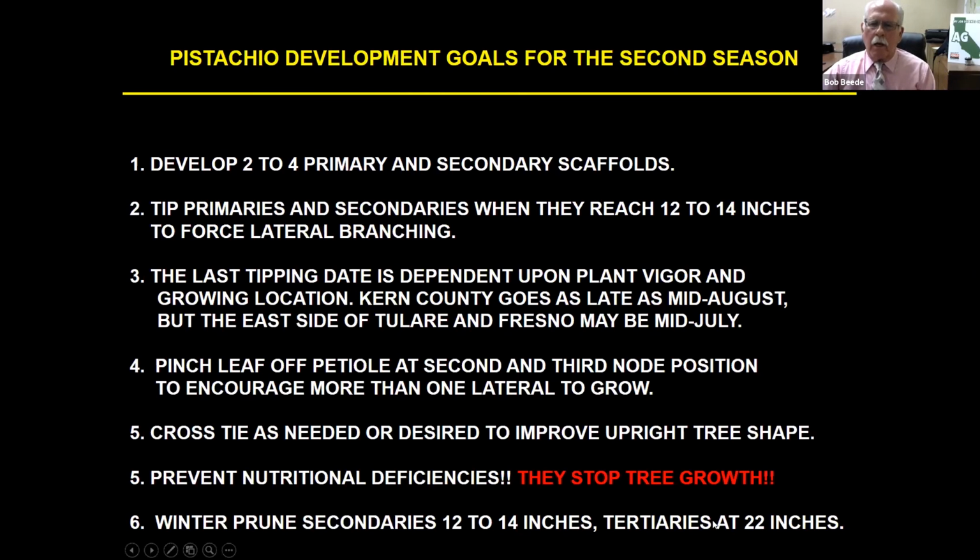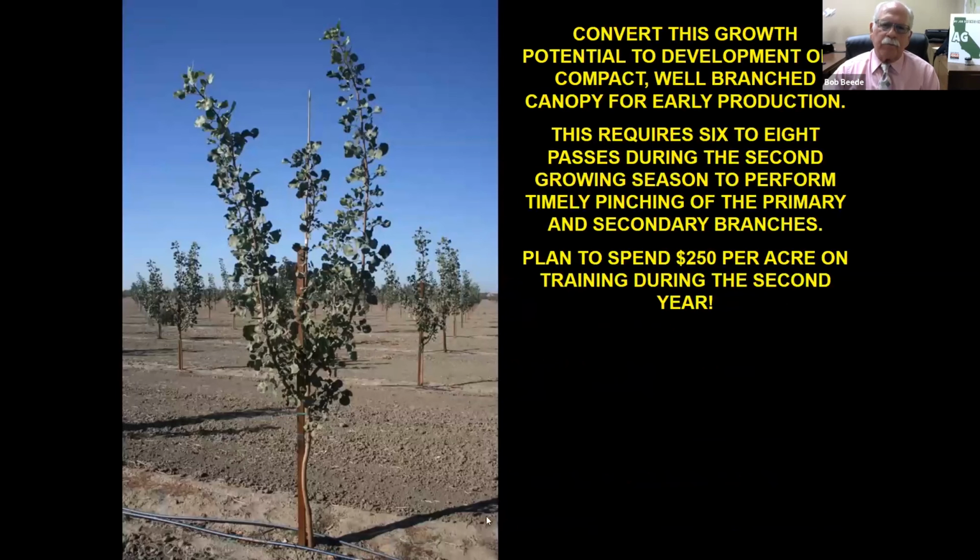On Kerman and Golden Hills, we prune those tertiaries to 18 inches because they don't branch as well. Now, let me just say that the second growing season is a critical season for pistachios because you are attempting to get primaries and secondaries developed, and I'll show you that attempting to get tertiaries is not advised.